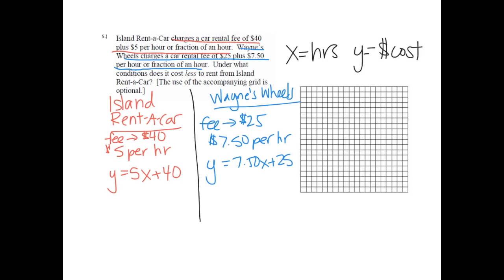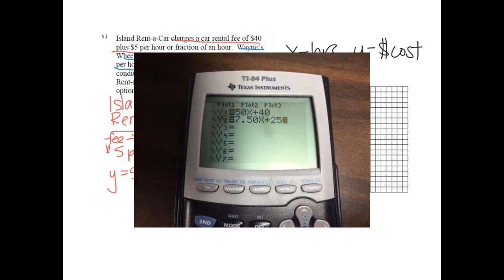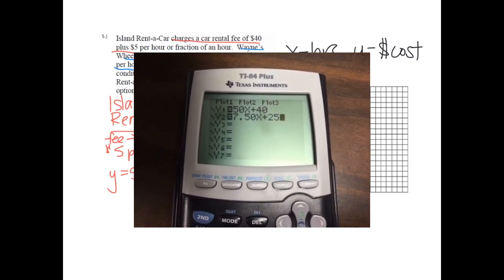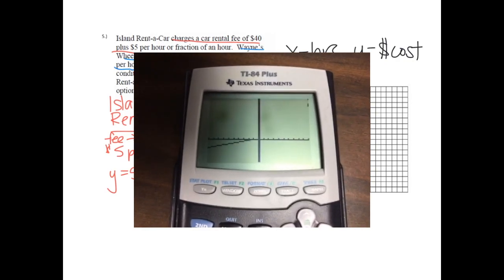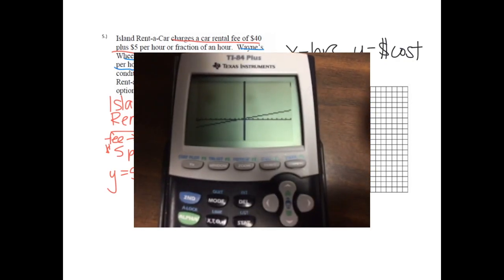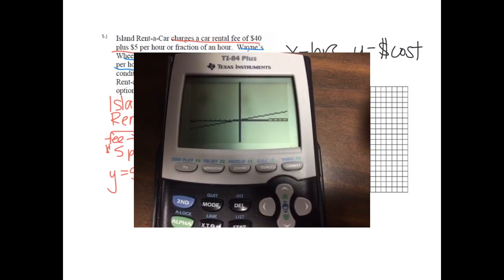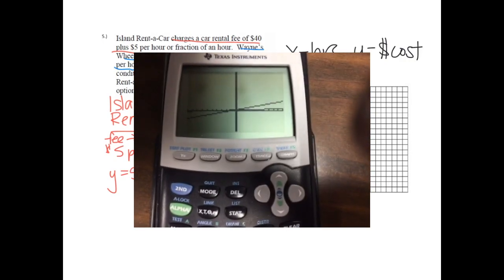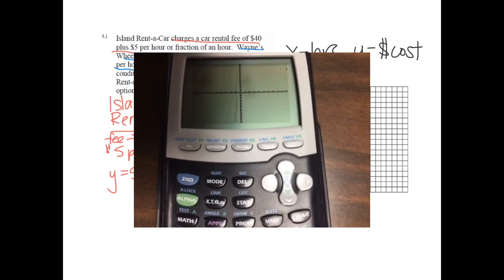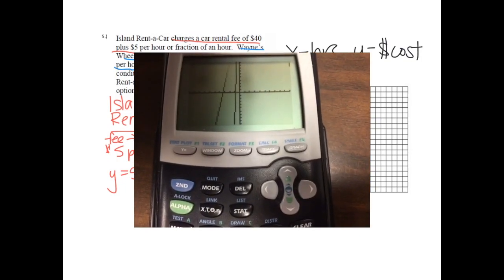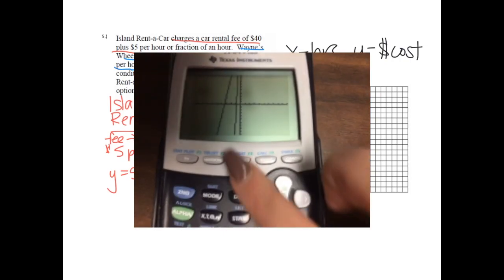Usually the case. Okay, so since the grid is optional, I'm going to go right to the calculator and see what these graphs look like. Okay, I'm going to try to zoom fit this a little bit better. I'm going to first go zoom standard so I get my normal range. See what that looks like. Okay, can't see it. Shocking.